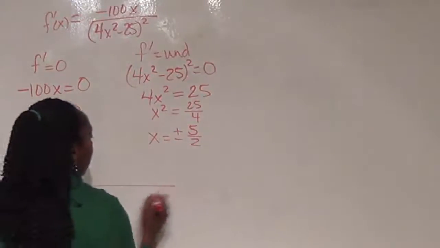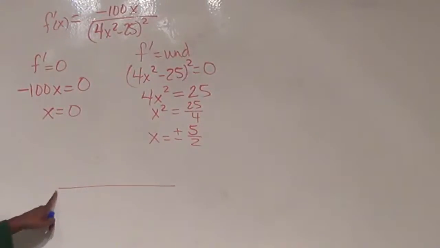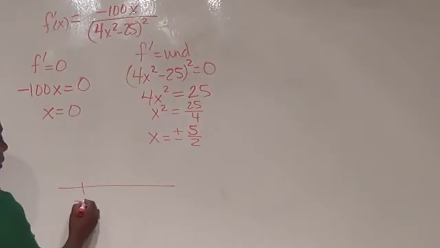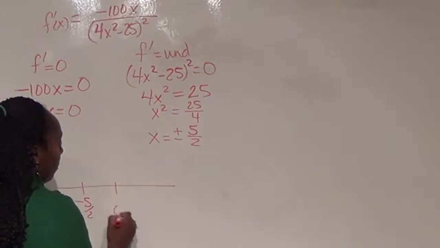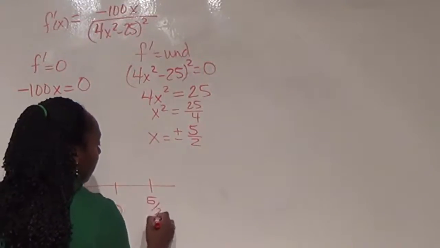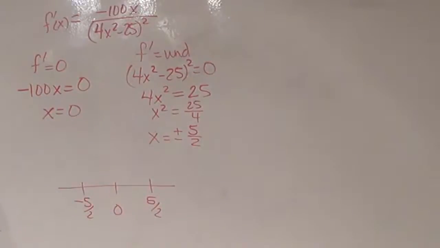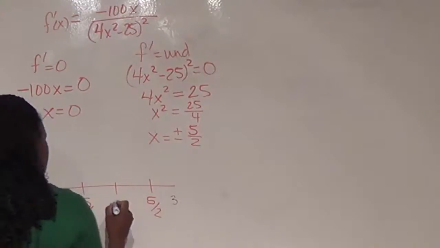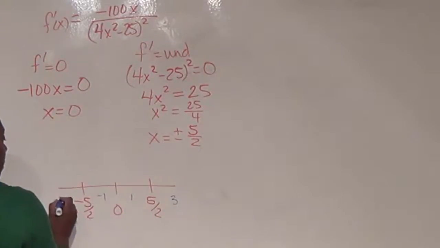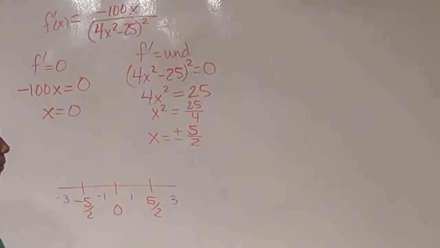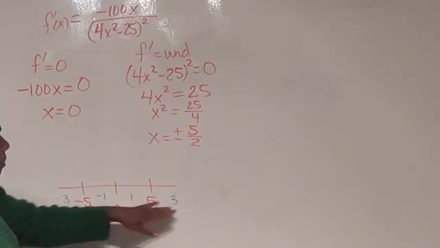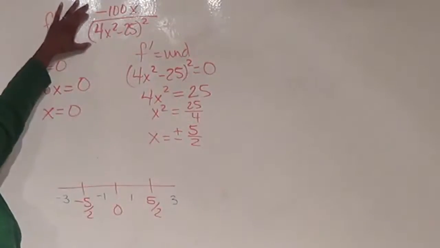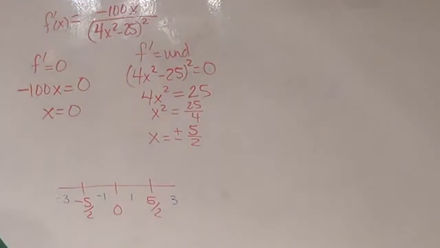We're going to go ahead and put that on the number line. So using the number line, we've got negative 5 halves, 0, and positive 5 halves. Now we need to test some points in each region. For this, we can test 3, 1, negative 1, and negative 3. We're going to plug these back into the derivative.